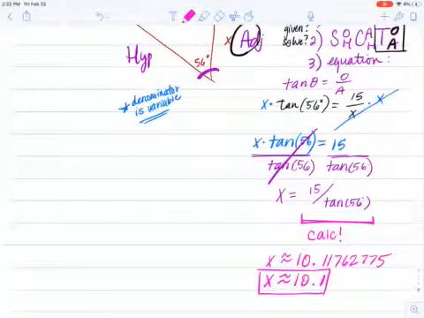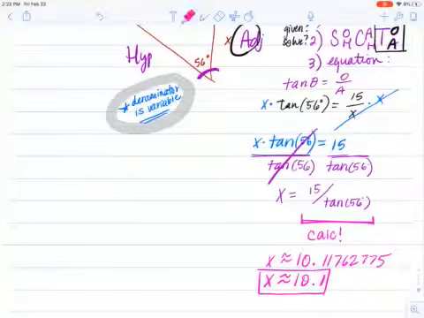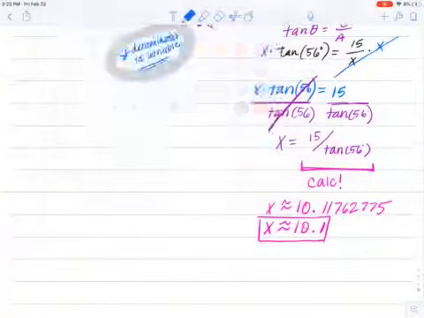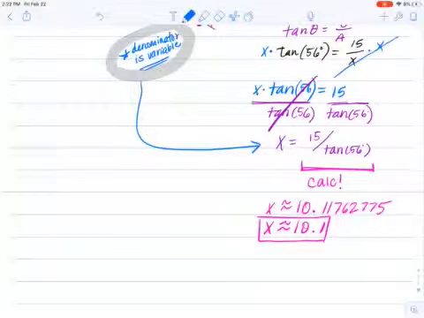And that's my answer. So you'll notice that for these problems where the variable's in the denominator, you see what we ended up doing right here in this step, we did 15 divided by tangent of 56.